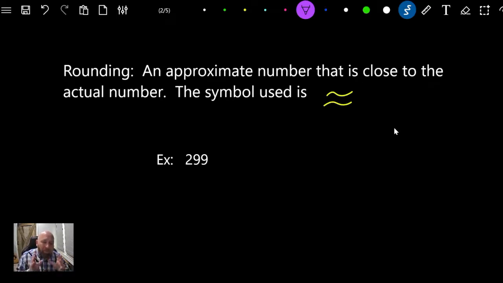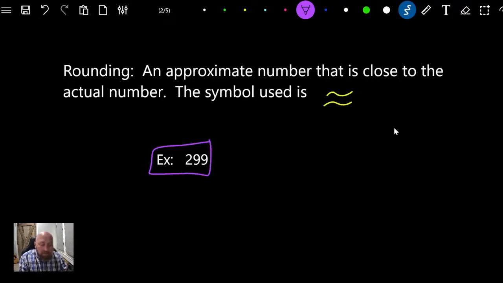When we want an approximate number, when we don't really care about the exact number, but we want a number that's close, we can do what's called rounding off. So if I have this number right here, 299, but I don't really care if it's exact, or if I don't care that somebody else knows that it's exact, I can use rounding, or I could pick a number that it's really close to.